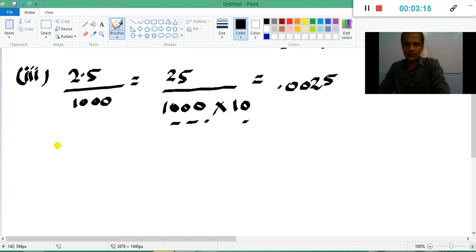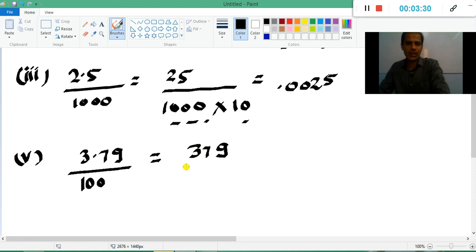And I think I should solve the fifth part. The question is divide 3.79 by 100. As I explained, write 379 in the numerator, and in the denominator write 100.